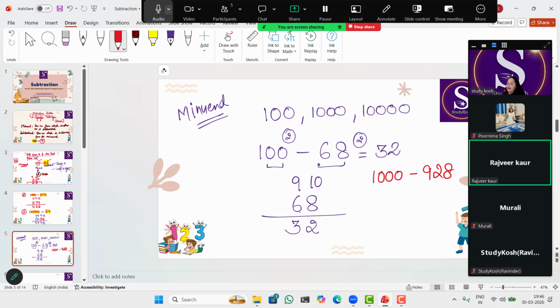The number of digits and the number of zeros: here we have three zeros and here we have three digits. So we need to apply the sutras directly. So we take 928 and 1000, and apply the sutra directly on the digits: 9 minus 9 is 0, this is 7 and this is 2. So 072 is its answer. Did you understand? Yes.